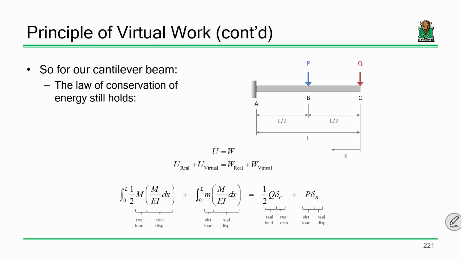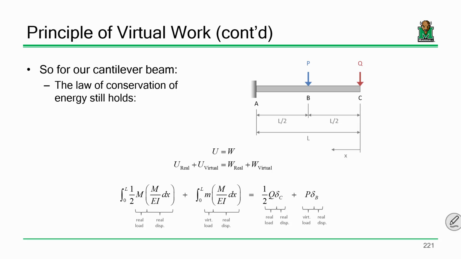Everything going in has to equal everything going out, otherwise the beam's running away from you. We tend to say U is stored energy and W is external work done. Later on, we might also look at T, which we define as kinetic energy. That becomes important when we do vibration problems.